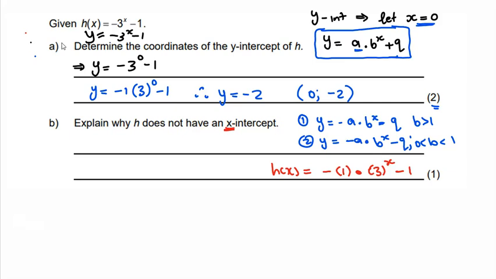But look at the value of b here. The value of b is 3, and 3 is greater than 1. So it is the first option. If it's in this form, your graph will look like this. Just know that the asymptote.